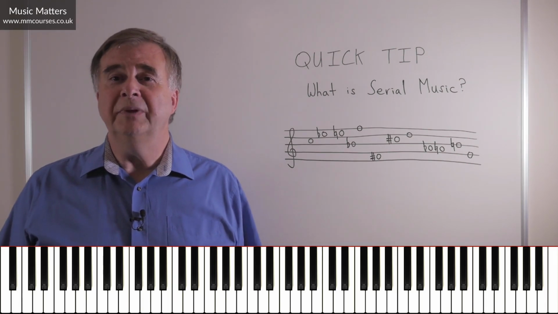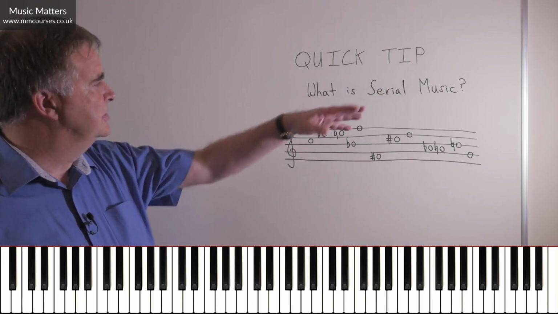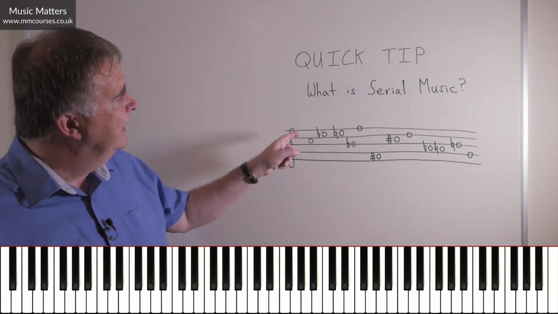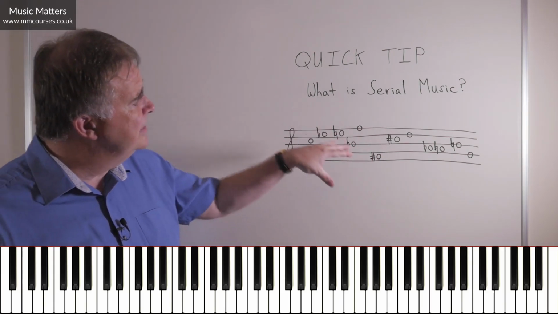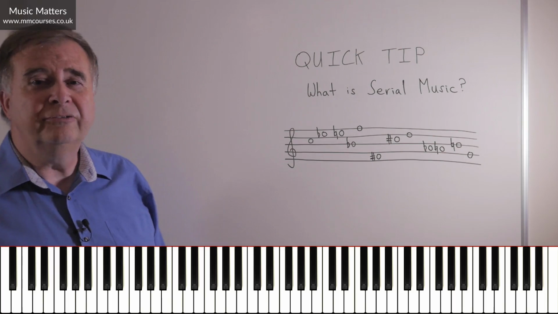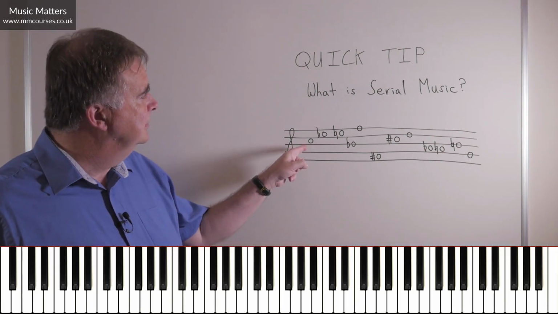So you end up with something we call a note row or a tone row that maybe looks like this. So what I've got here is every single chromatic note of the scale, but organised in some order of the composer's choice. So this is how this note row goes.